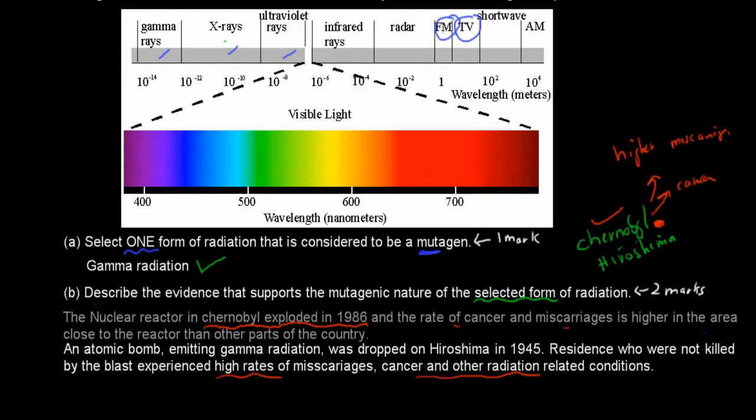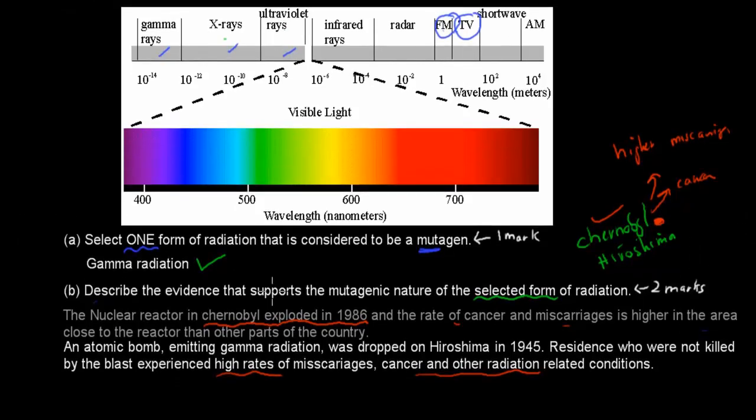What I probably realize now is that I should have also written that cancer and miscarriages are due to mutations in DNA. So I should have written that DNA mutations lead to miscarriages and cancer. That's also important.